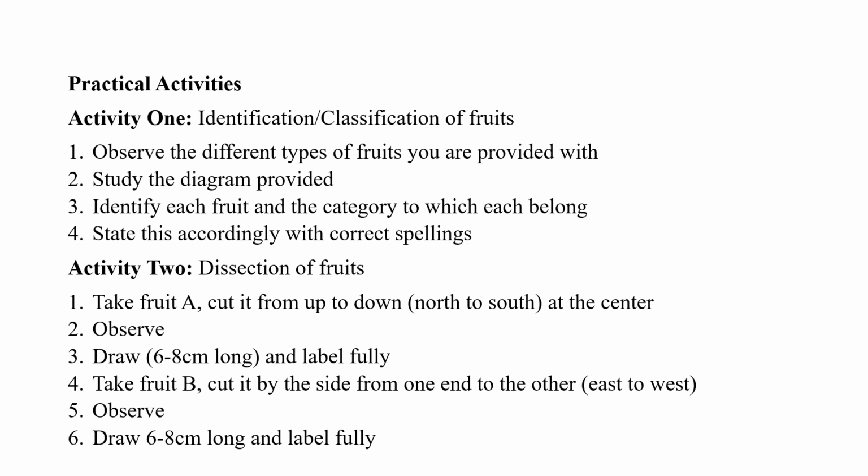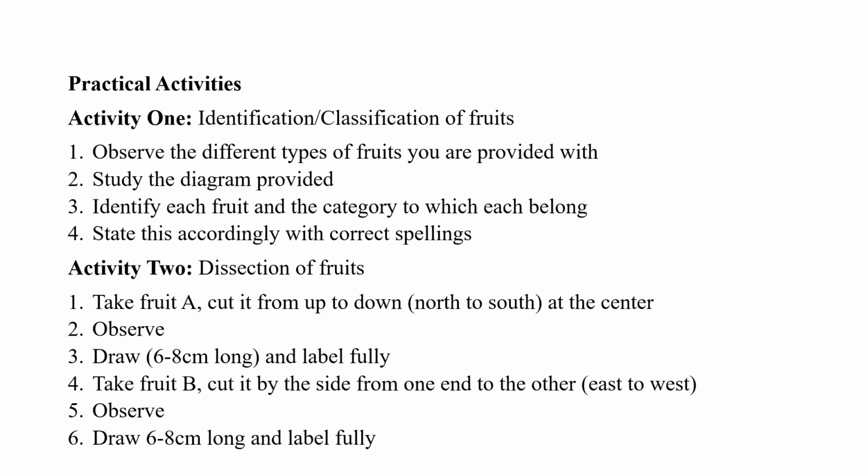Then fruit B, you are going to cut at the middle from one side to the other, that is from east to west. You are going to observe what you see, and draw a diagram that is within 6 to 8 centimeters long and label fully.